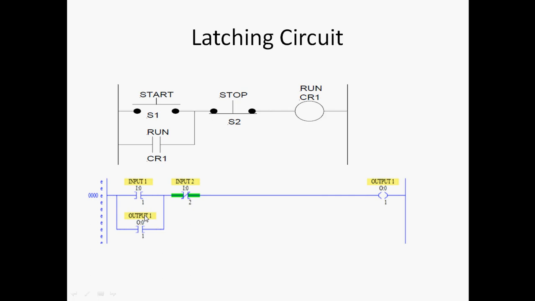This is not an OR circuit, because we take the output itself as a reference; output 1 is written here also. That completes a latching circuit. Latching circuits make the output continuous.